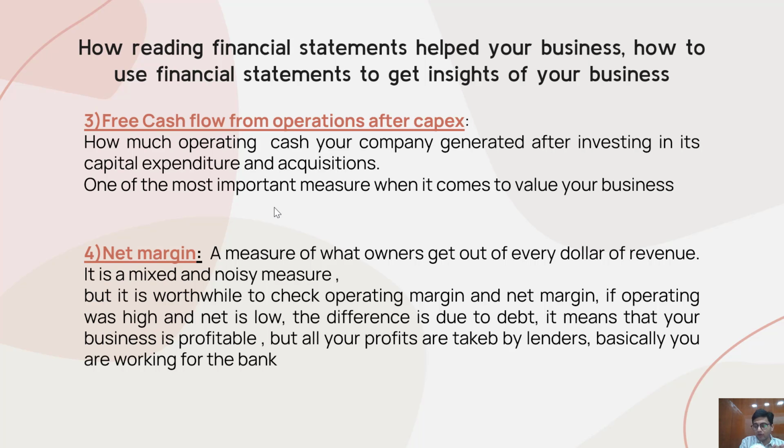So if your net margin is very low and your operating margin is high, that means you are burdened with debt, one of the worst burdens in your business, and you are basically earning for your debt holders. So this is very important to understand the relationship between gross margin, operating margins, net margins, and free cash flows from operations after capex.